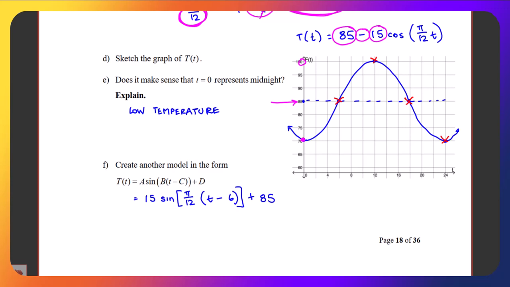Now, we said that the period is 24. Well, here's 0, here's 24, so here's our period where it starts and ends. So it starts at a low point because the cosine is flipped, and it ends at a low point because the cosine is flipped. Well, halfway between the two low points must be the high point at 12.